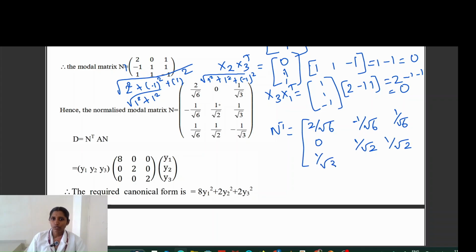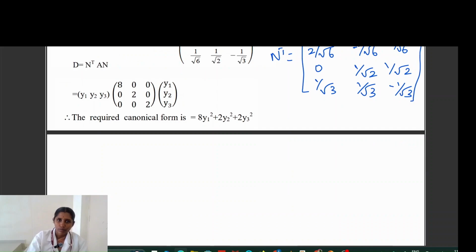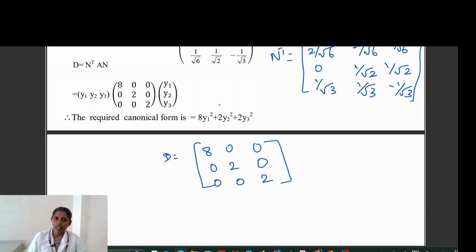Third row 1 by root 3, 1 by root 3, minus 1 by root 3. So this is N transpose. Multiplying N transpose, A matrix and N, we get D. The diagonal matrix is D equal to 8 0 0, 0 2 0, 0 0 2. In the diagonal matrix, the diagonal elements are eigenvalues, and the remaining values are 0.